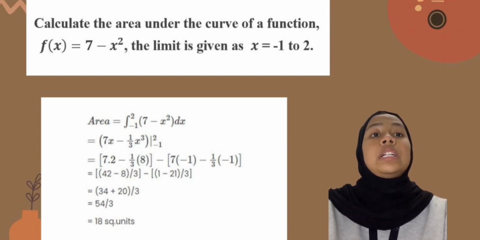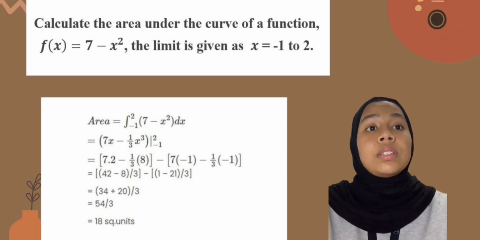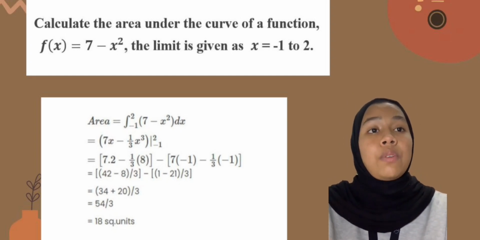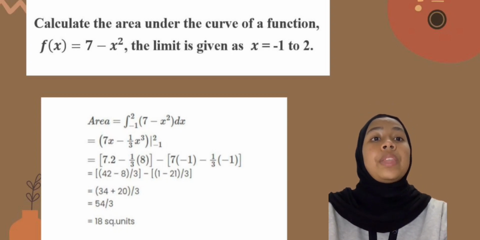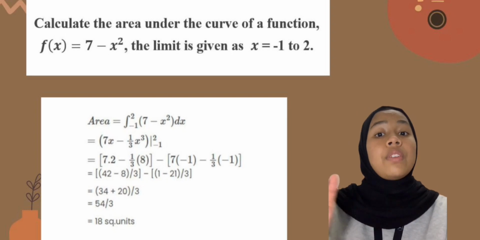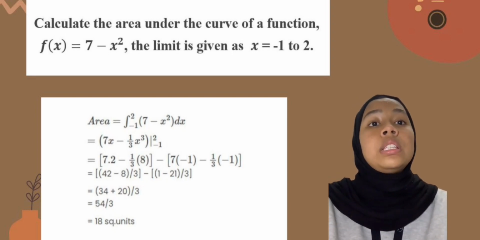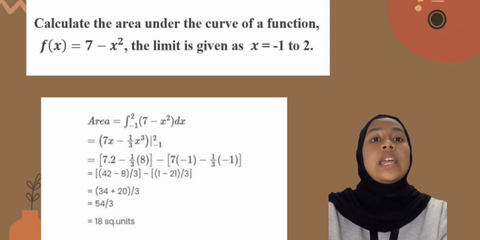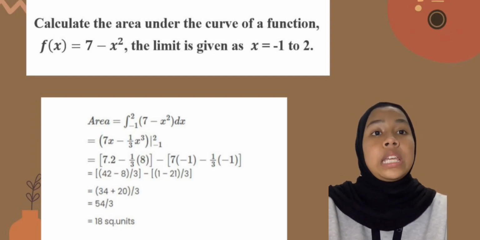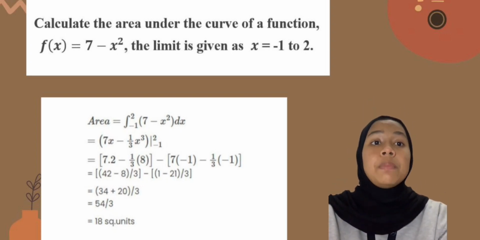And then for the second bracket, minus 7 multiplied by -1 minus 1 over 3 multiplied by -1, because -1 is the lower limit of the integration. So when we put all the values in the calculation, we get 42 minus 8 over 3 minus 1 minus 21 over 3.